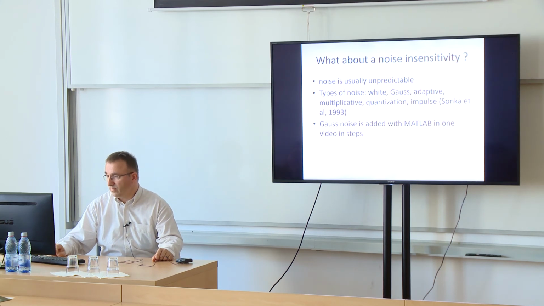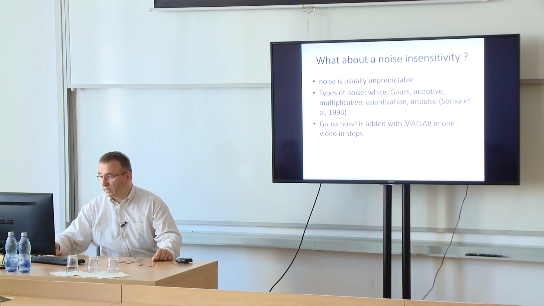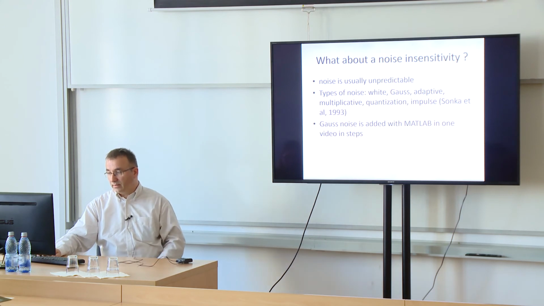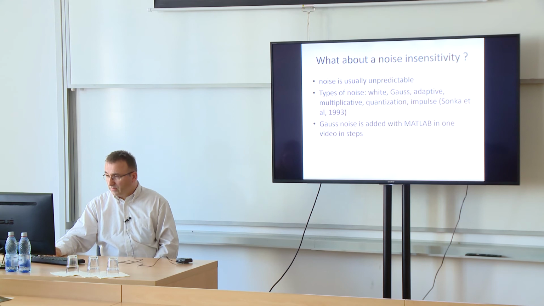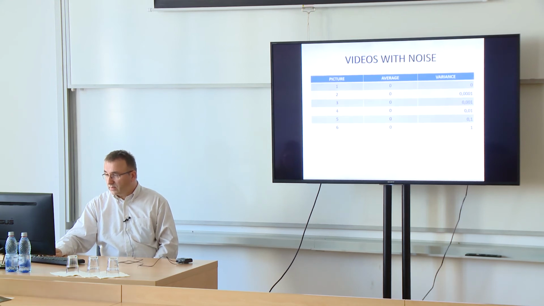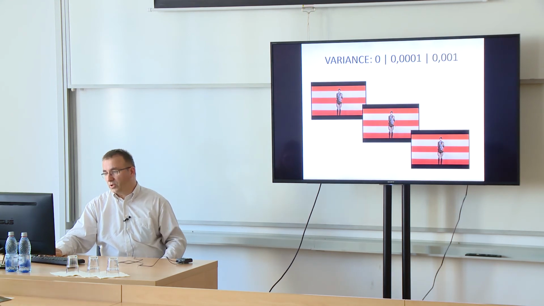So, what about noise insensitivity? Noise is usually unpredictable. There are a lot of types of noise: white, Gauss, adaptive, and so on. Gauss noise was added with MATLAB to one video in steps. You can see the pictures here.